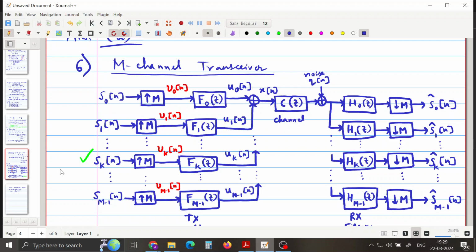If a sequence is passed through an upsampler, we can express the output in terms of the input. So this Vk of n is nothing but Sk of n by capital M if n is a multiple of capital M, and it is 0 otherwise. That's how the output of an upsampler can be expressed.